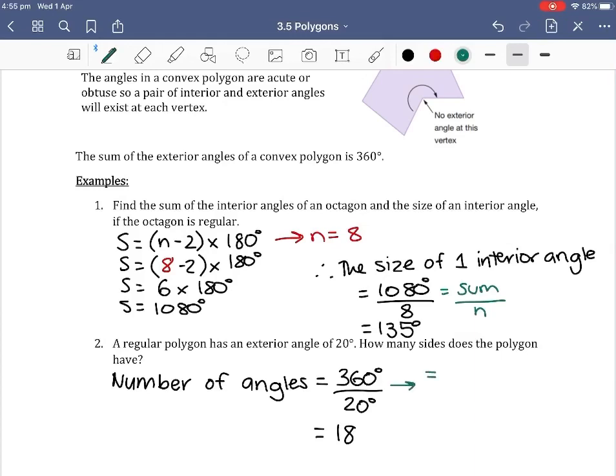How we calculated that was the sum of exterior angles over one exterior angle, and we get 18.